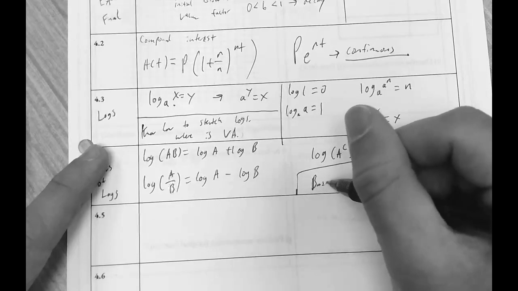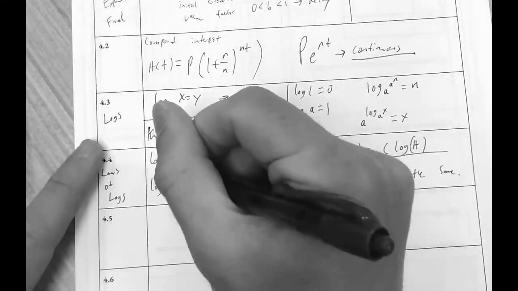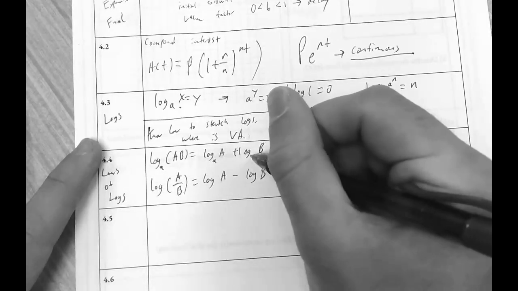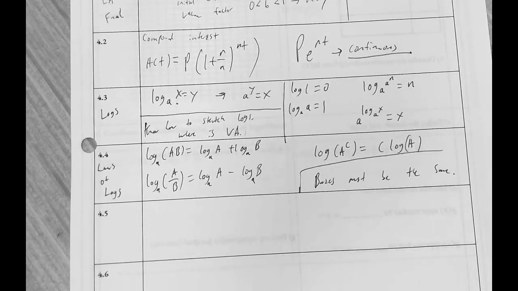Important here is that the bases must be the same with these rules, right? This only works if, let's just make all these A. Okay. All right, so then you apply those to expanding and condensing.